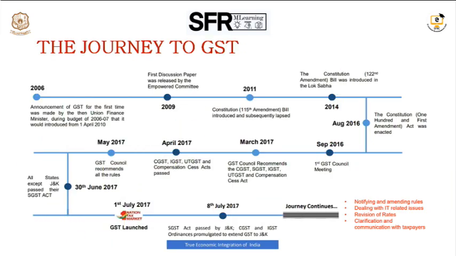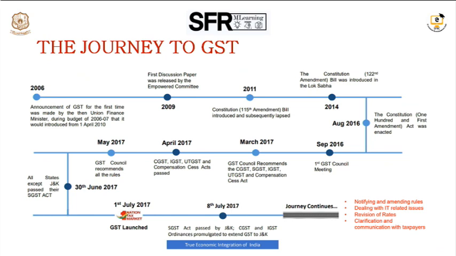Next, let us see the journey of GST. This picture gives an overview of how GST was introduced in India. To start with, the Vijay Kelkar Task Force 2004 strongly recommended the integration of indirect taxes in the form of GST in India.